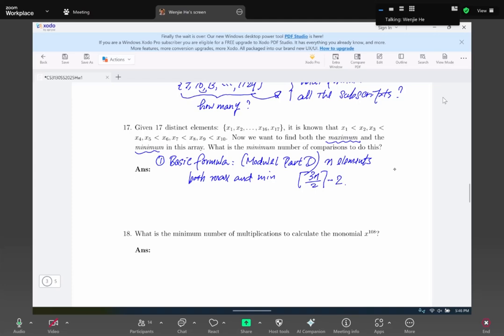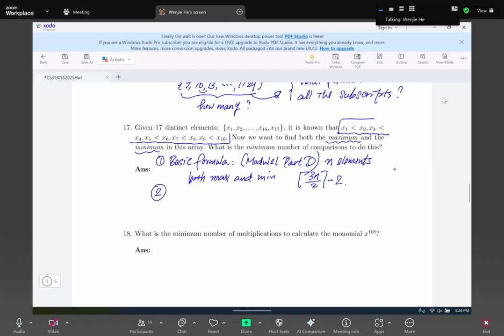Second, you cannot apply it directly. Here, I changed the condition. So you need to apply this formula in the right way, because we have the condition. This is the condition.